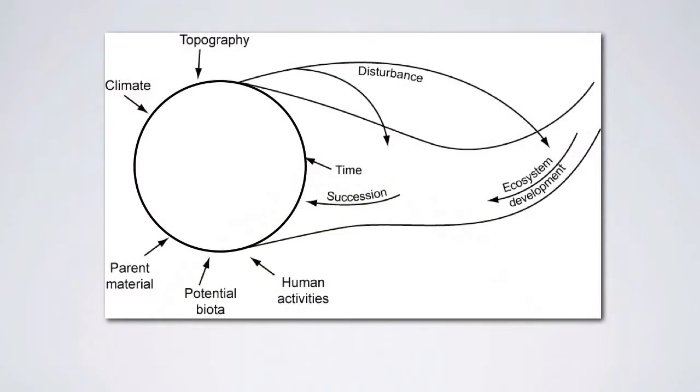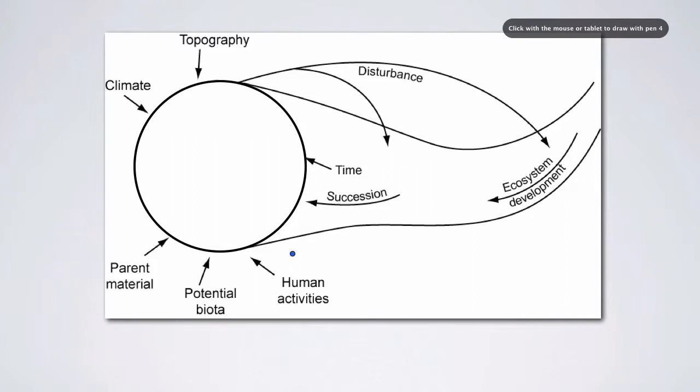So here we have that original diagram abstracted from the book. This is Terry's approach to really developing the state factor approach for ecosystems. And in addition to having the state factors there, so recognizing climate, topography, parent material, and potential biota, and then the time that succession has been working in ecosystem development, and there's the role of humans too that we'll talk about next.